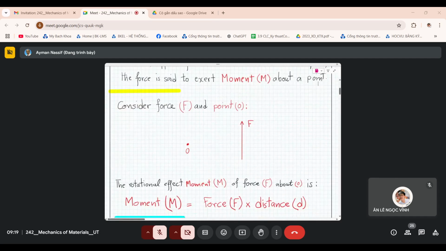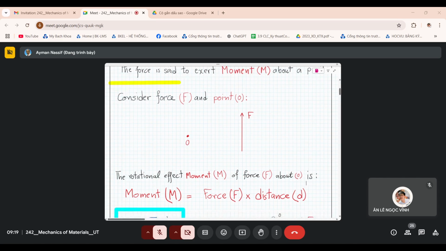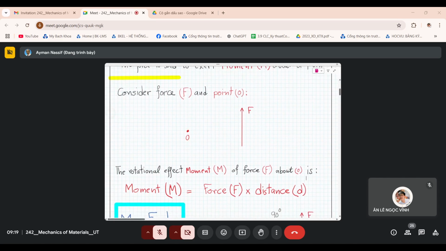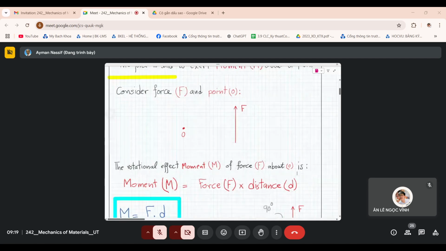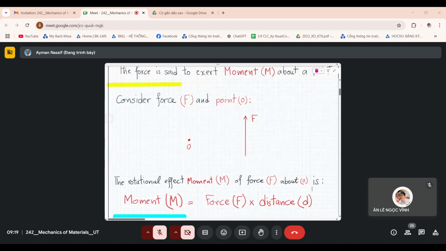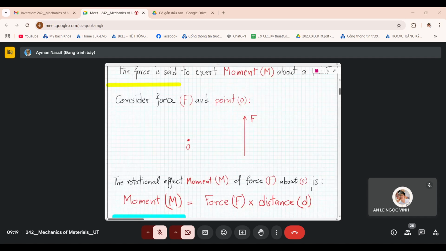So if we're looking at a force F here in the plane, now we're talking about 2D for now, and if you have any point in the plane of this force, it can be 3D, but for now we're just talking about 2D.